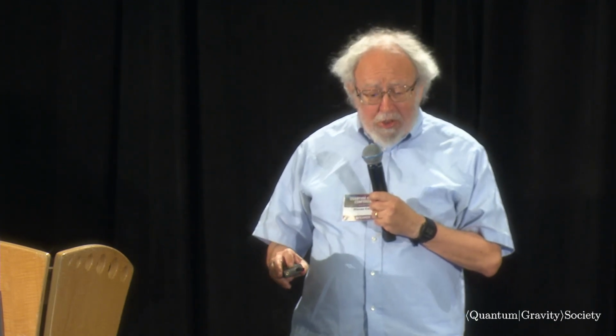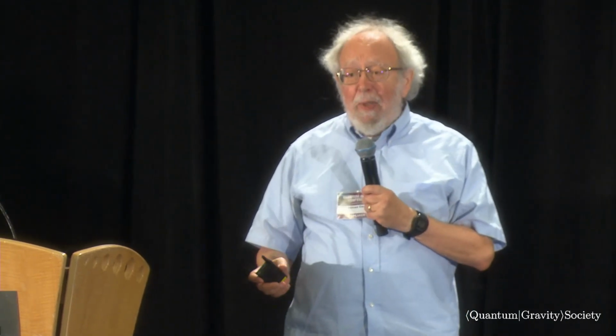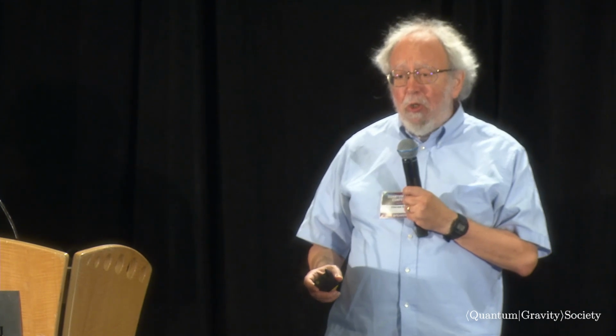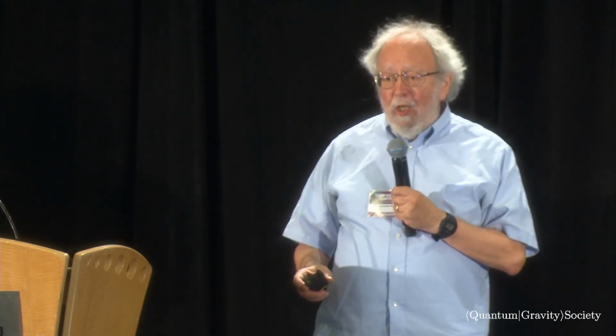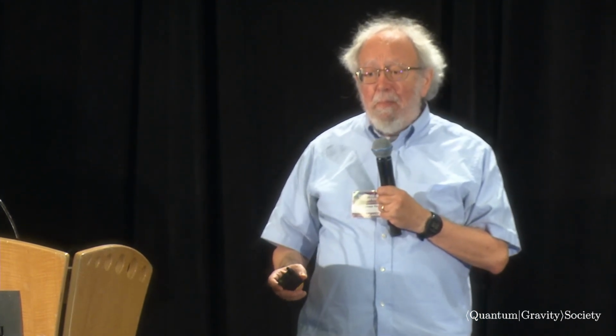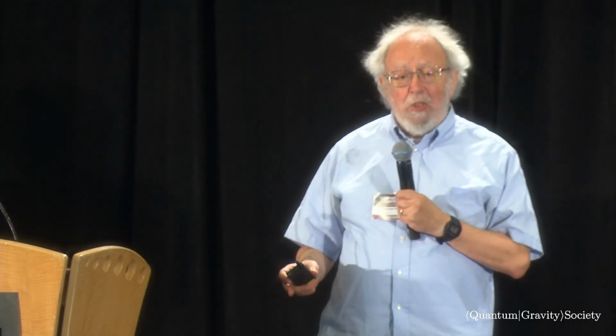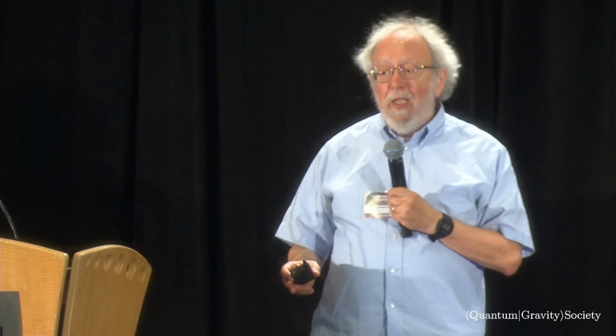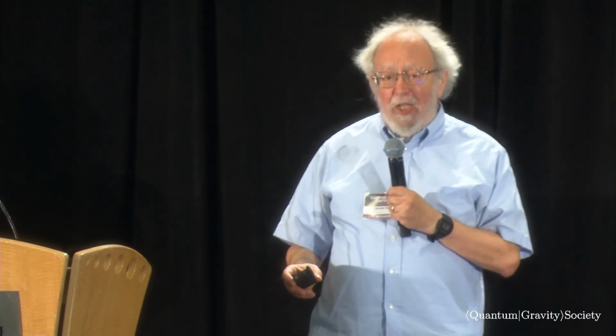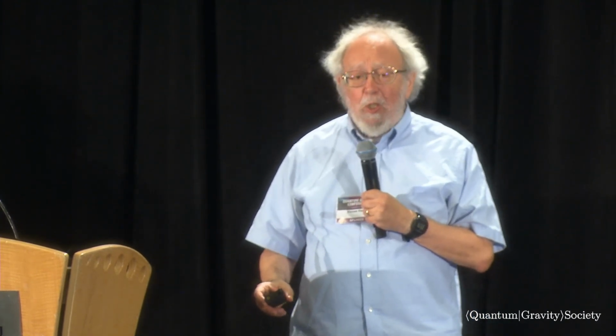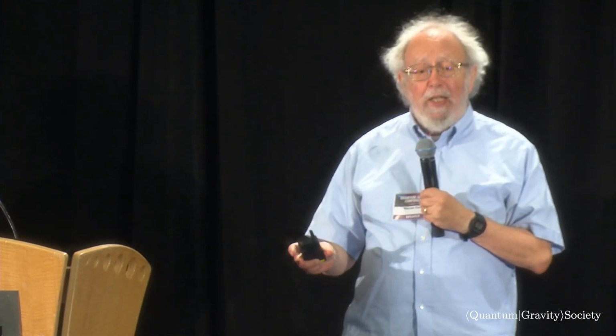Now, such a structure is mathematically a partially ordered set where the mathematical statement that P precedes Q is translated as the physical statement that the event P is to the past of the event Q. It's a partially ordered set because points don't have to be related.